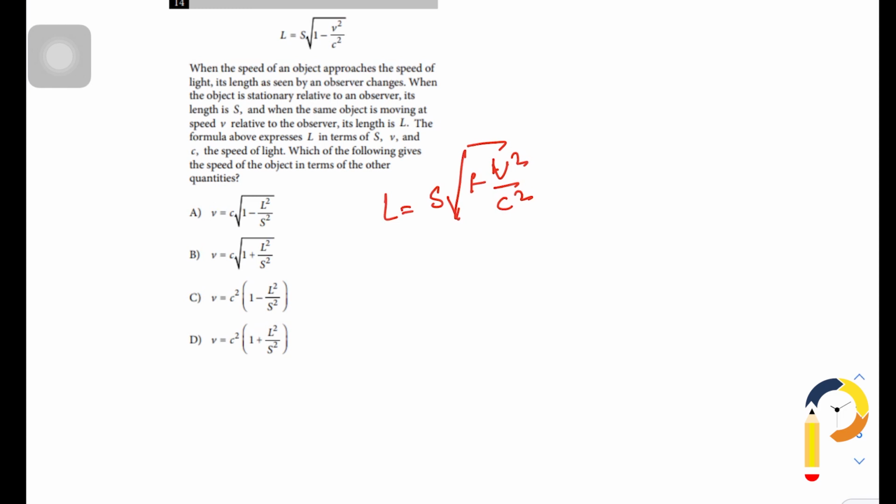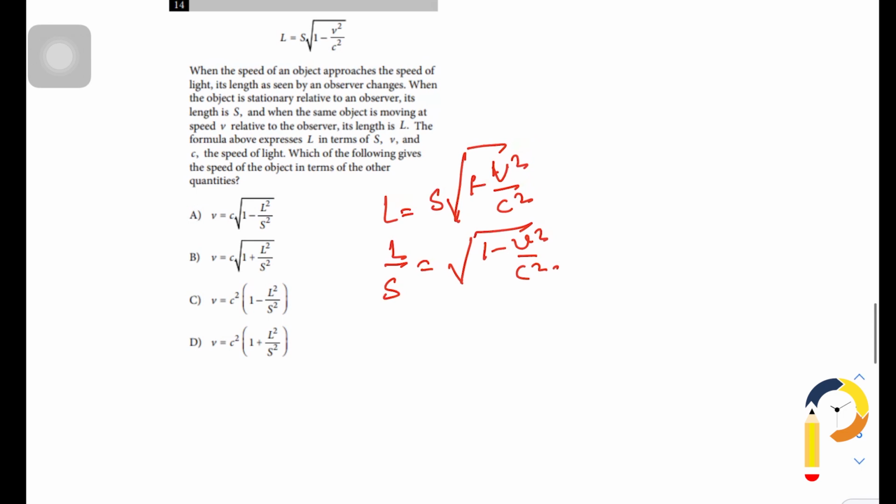Okay, let's solve it. First of all, you'll just divide by s on both sides. L by s is equal to the square root of 1 minus v square by c square. Then you'll square both sides to get rid of this square root. So this will be L square over s square is equal to 1 minus v square over c square.